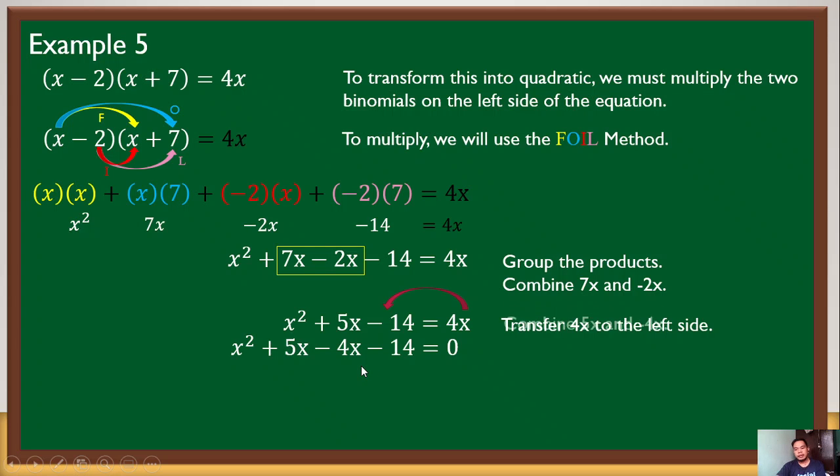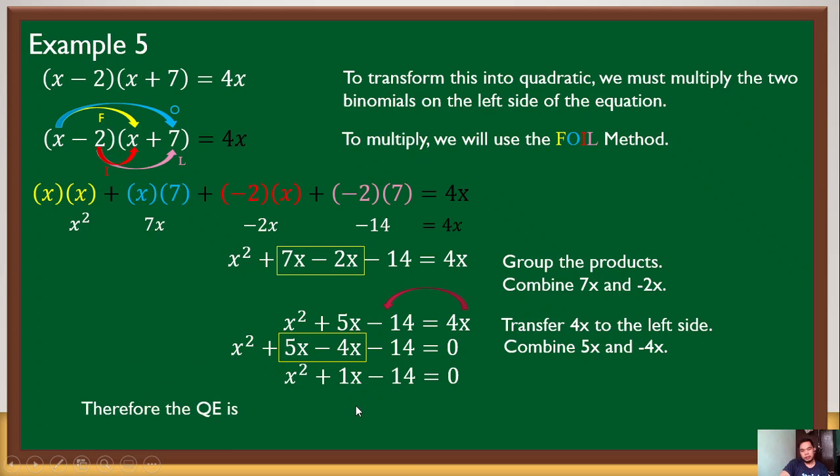Okay, then, just like the previous step, from 7x and negative 2x, we have to combine the like terms. So again, the like terms here, or similar terms, are 5x and negative 4x. Okay? 5 minus 4 is equal to 1, then copy the variable x.